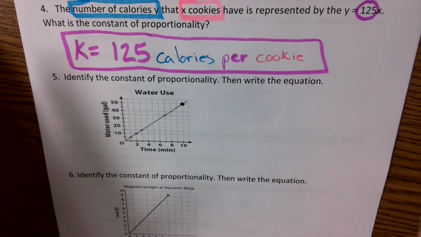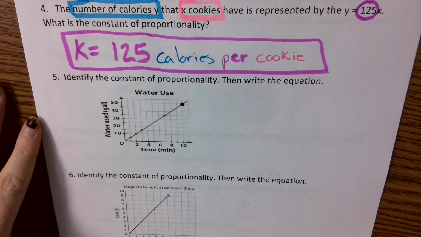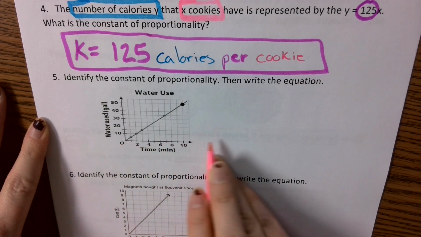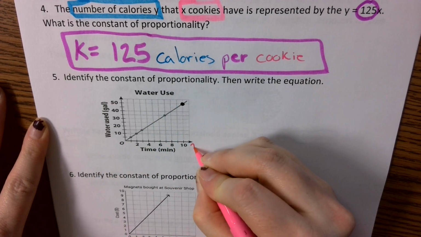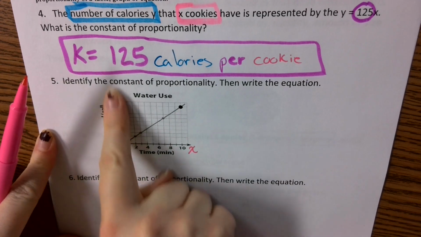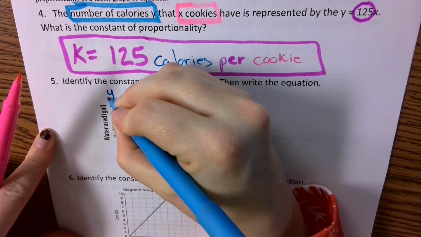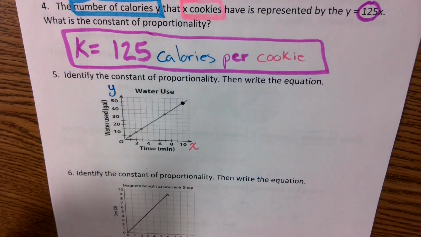Which one of those axes represents the x-axis? CJ? The horizontal. Good. Horizontal represents our x-axis. So I'm going to put an x there. That means that my vertical is going to represent my y-axis. So I'm going to put y up top here.